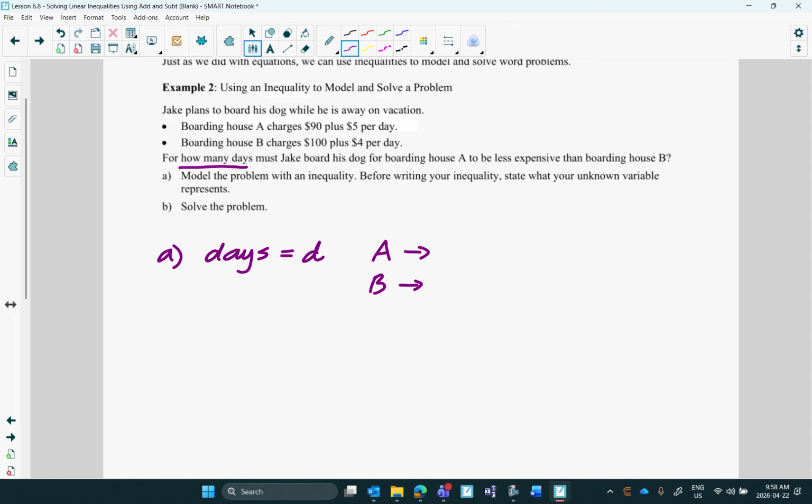It's $90 plus 5 per day. 5x plus 90 we can write, or 90 plus 5x. Both of those are right. Or sorry, 5D. I'm using D. If you're using X, that's fine. And how about B? 4x plus 100.